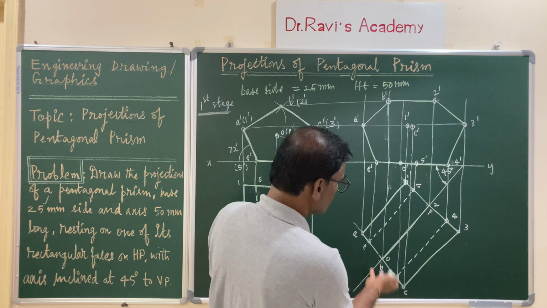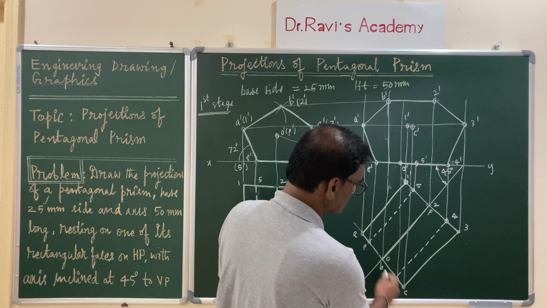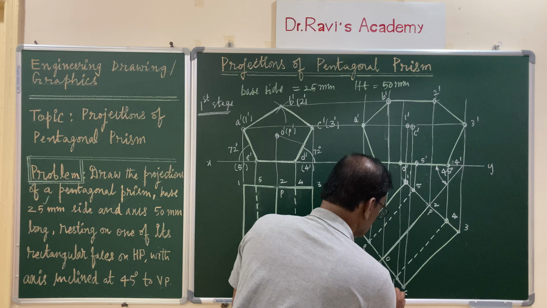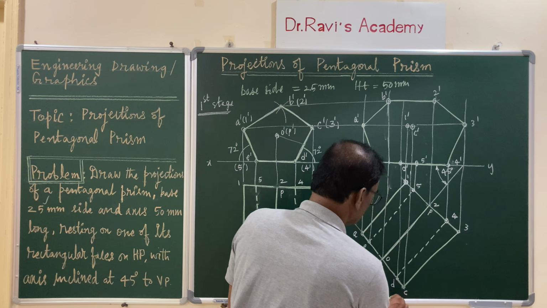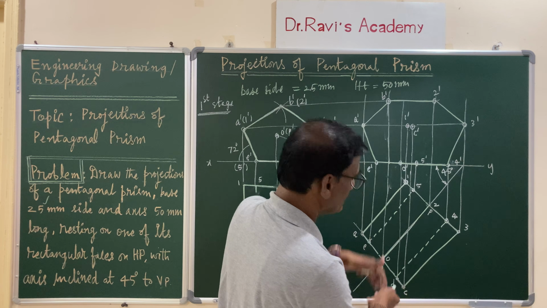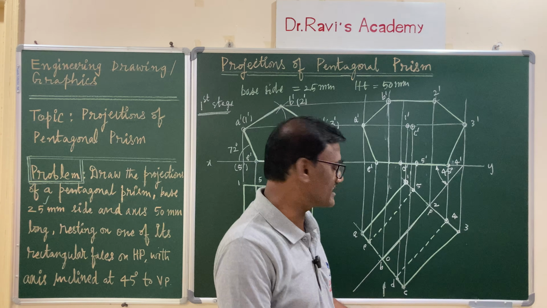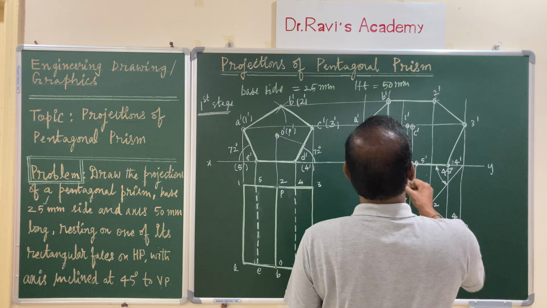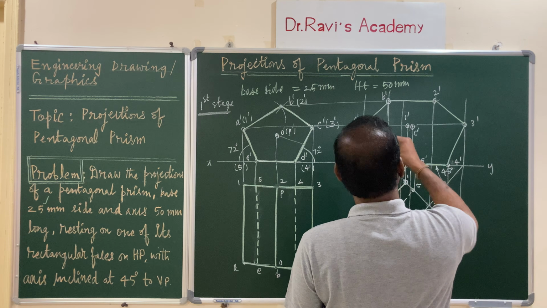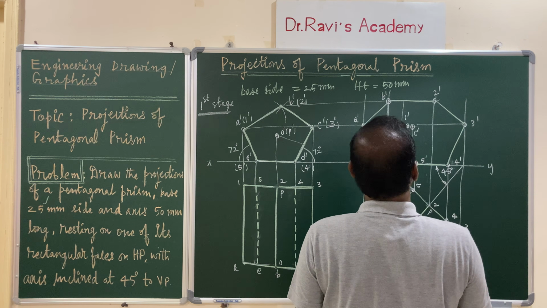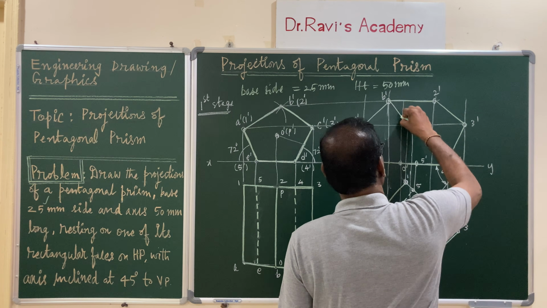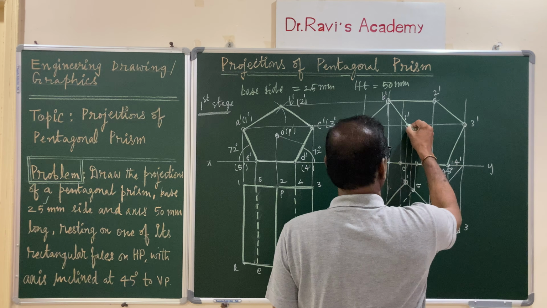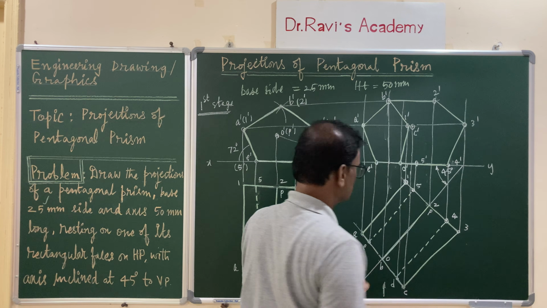Now this is the visible end. This end face is near to the observer. So here the direction of the view is here. This end face, that reduced pentagon, is near, and it is completely visible. So you can join two more lines, B prime, C prime, and C prime, D prime also. This is the visible end.